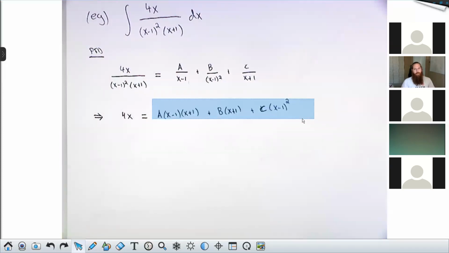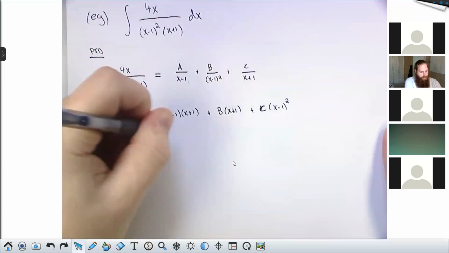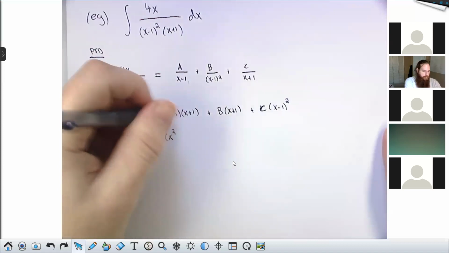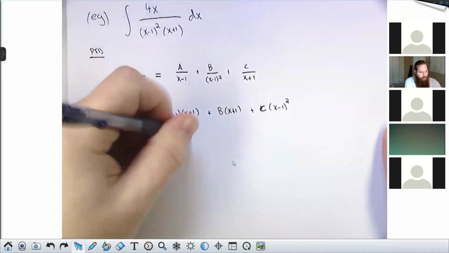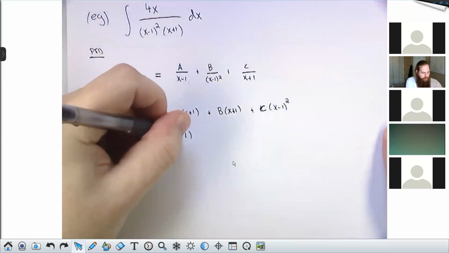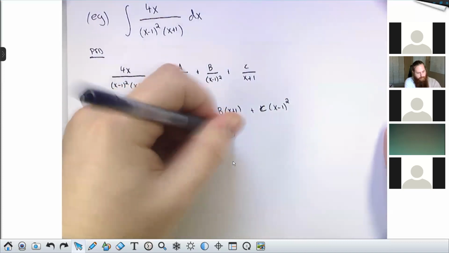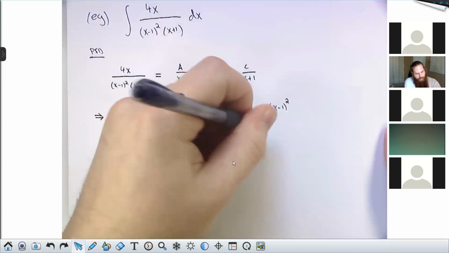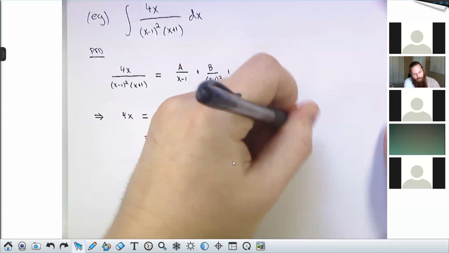From here, I need to multiply everything out, and then I'll collect my like terms. So first I'll clean up the polynomial pieces here that are nice. This is a times x squared minus x plus x, it goes away and we just get minus 1. Plus b times x plus 1, I'll leave it alone, plus c times x squared minus 2x plus 1.